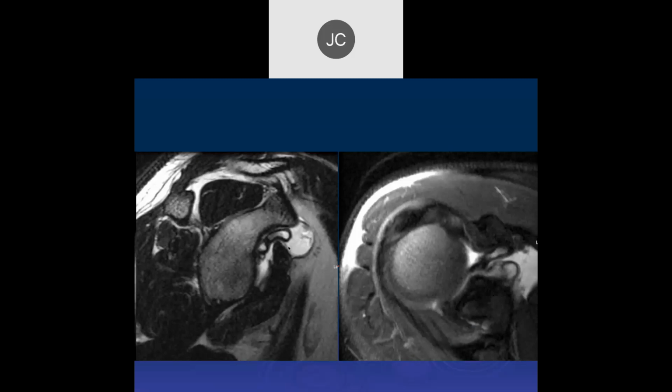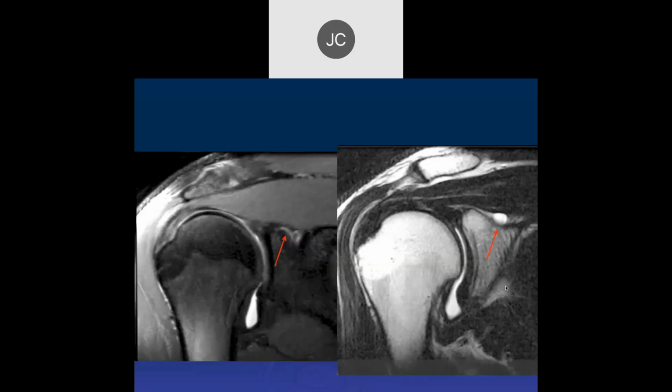That's the edge of the cyst, and it's going out into the joint space, where the joint capsule is containing it. And if you look, you can see a neck going here.